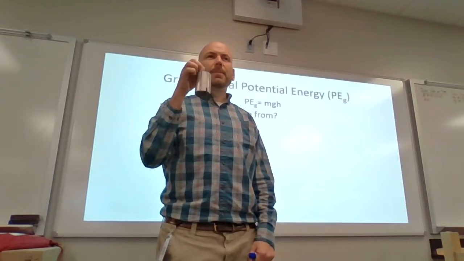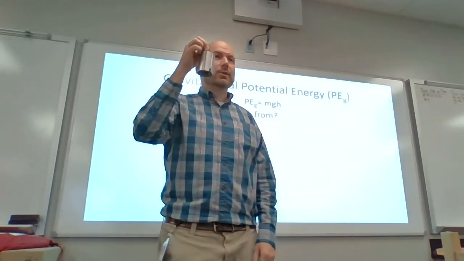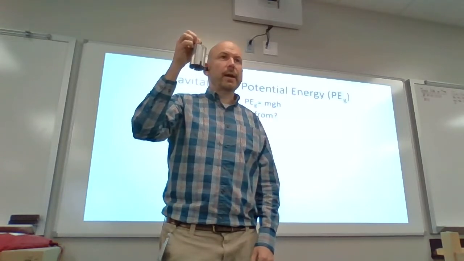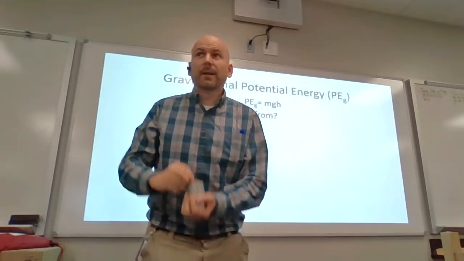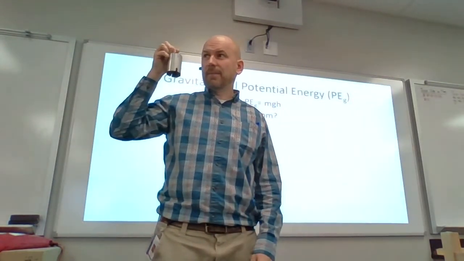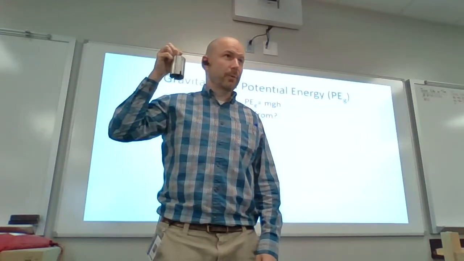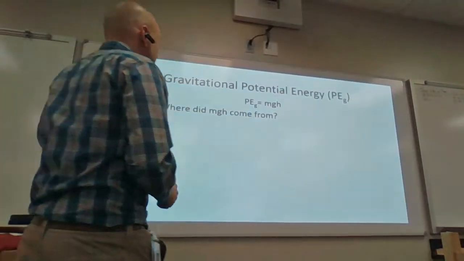If I have some object in an elevated position, gravity has the potential to do work. As this falls, gravity is doing work. It has the potential to do work at this elevated position. You good with that? Now check out where this equation comes from.